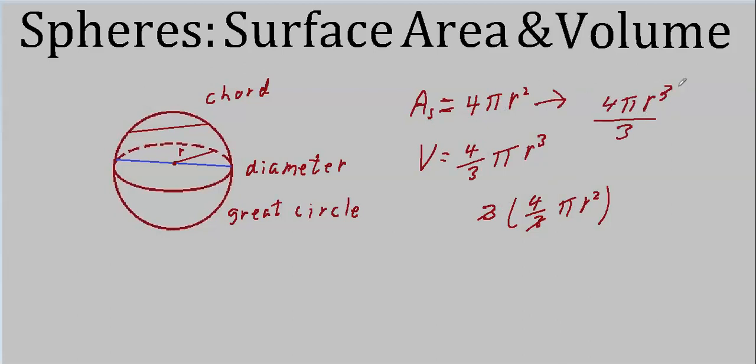So the 2 changes to a 3, and then you divide by 3. Either way you look at it, going back and forth between surface area and volume, you're going to throw in or take out some 3's. Or on the other hand, you can just memorize both formulas. Whatever works for you.